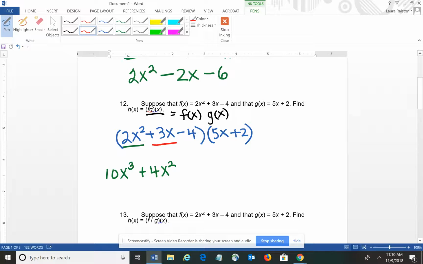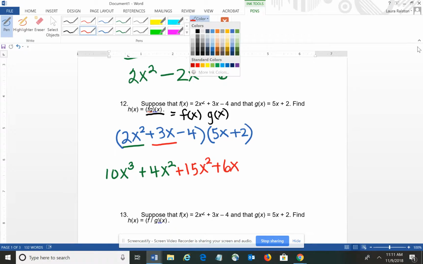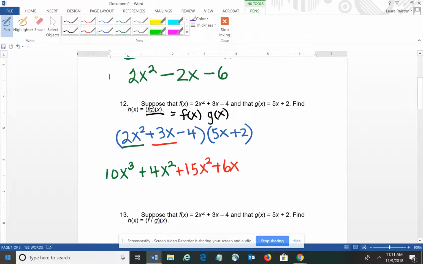Plus 3x times 5x is plus 15x squared. 3x times positive 2 is plus 6x. I come back again and I'm going to distribute the negative 4. Negative 4 times 5x is negative 20x. Watch those signs. Negative 4 times positive 2 is negative 8.